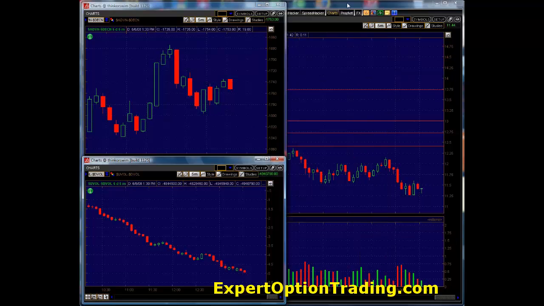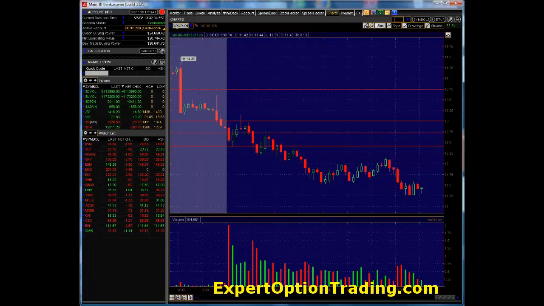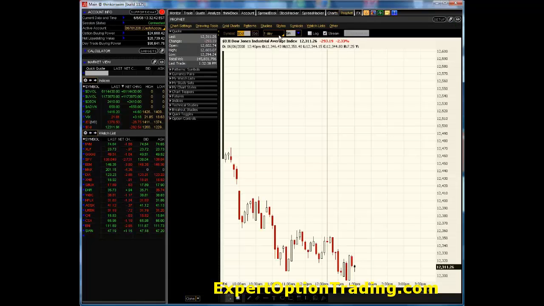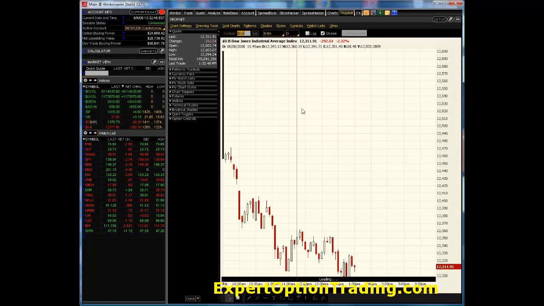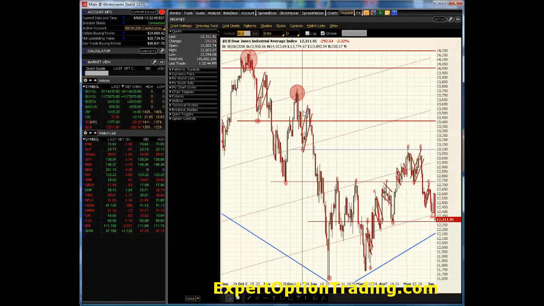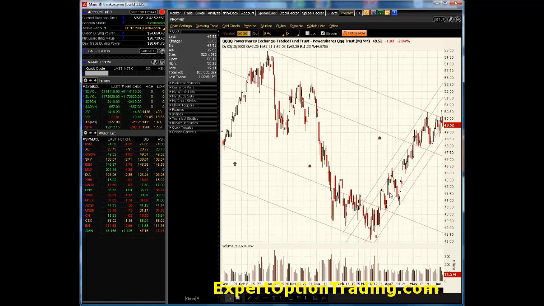The last indicator I'm going to show you, which I actually have up here, but I didn't show you how to do this. I take the NASDAQ QQQs ETFs, and I take the QIDs. Let me just show you what both of these ETFs are. The QQQs is the PowerShares Exchange Traded Fund for the NASDAQ.